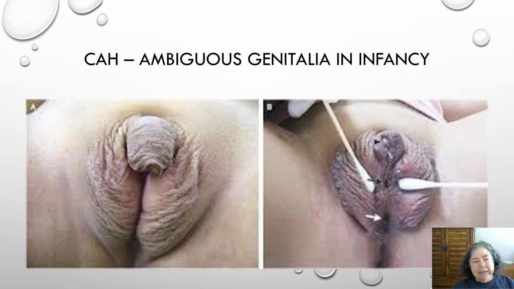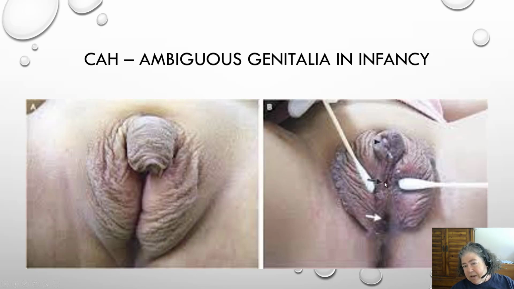And this last slide, and we will come back to this when we talk about reproductive physiology, is a picture of the external genitalia of an infant with congenital adrenal hyperplasia. And it's ambiguous. You have an enlarged clitoris that looks almost like a phallus, rugated labia, and they are labia because there's a vaginal opening.